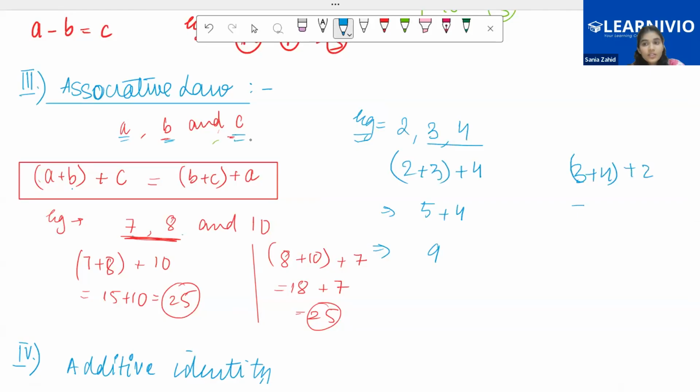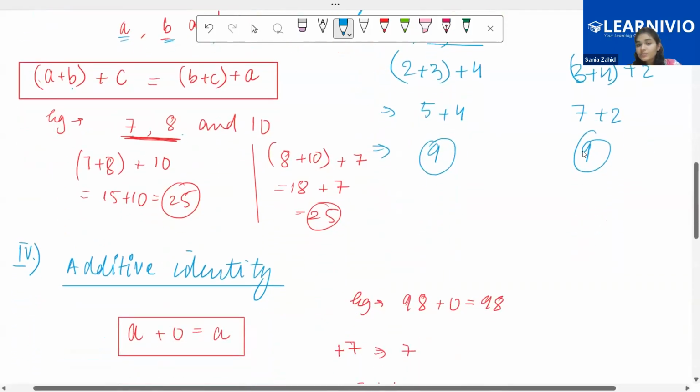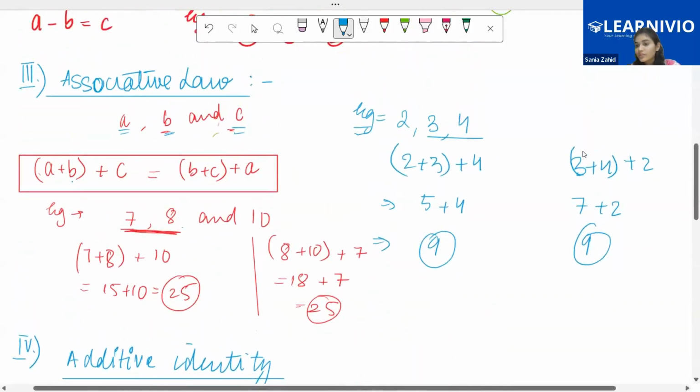So 3 plus 4 is 7, and I add 2 to it, I get 9 again, right? Yes. So I'm getting the same answer. That means you can add integers in any order. You're going to get the same answer only. Are these points clear to you? Yes, ma'am. So this is the associative law.